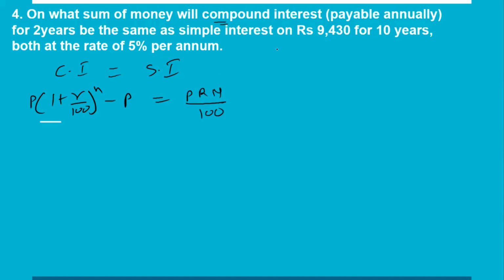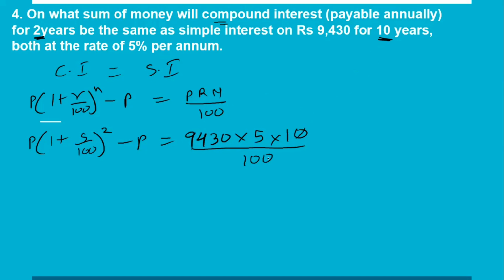Now this P is the principal, which we don't know, so we put it as it is. 1 plus rate of interest is given as 5, so 5 upon 100 raised to N, which is 2 years, minus P, is equal to the principal for simple interest, 9,430, multiplied by rate, 5% per annum, multiplied by N. Simple interest was kept for 10 years, upon 100.